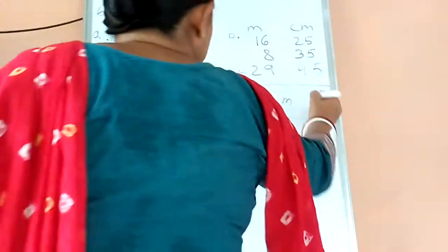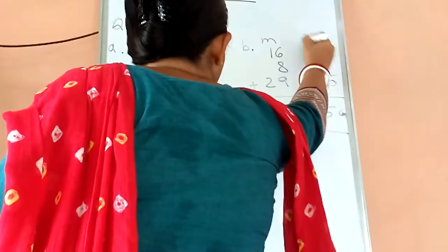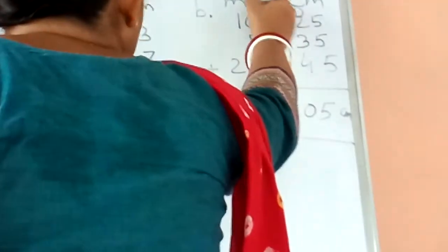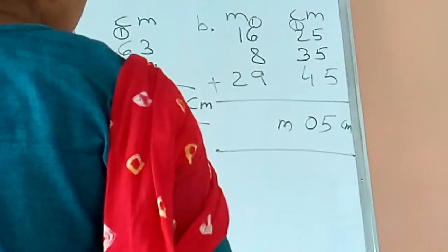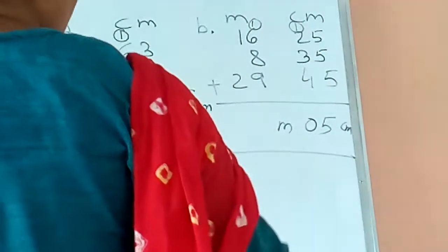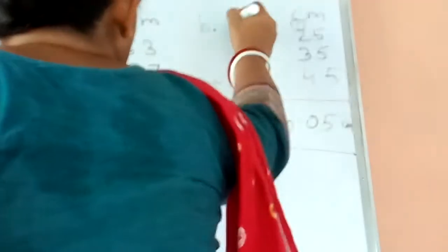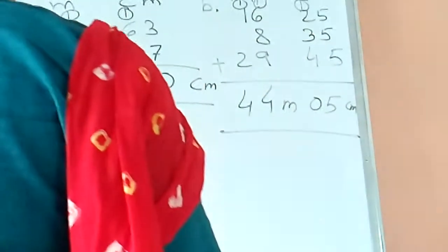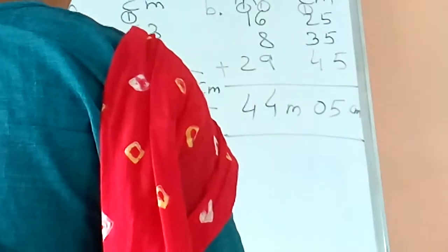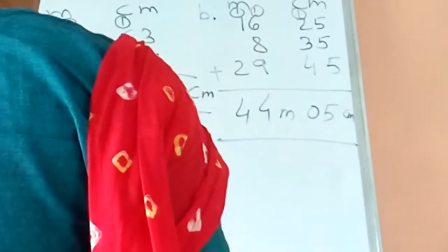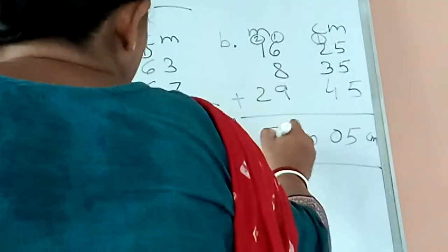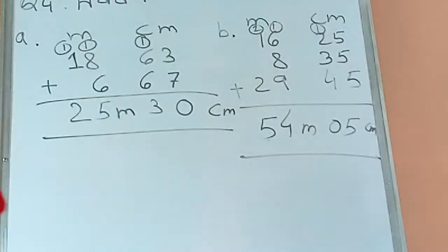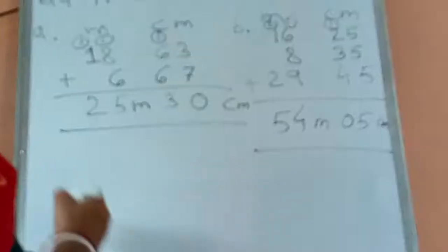So 5, 3s are 15, 5, carry 1, 7, 8, 9, 10, again carry 1, 9, 10, 18, 19, 20, 21, 22, 23, 24, carry 1 and 4. That is 54. So 54 meter and 5 centimeters. So this is the answer for number B.